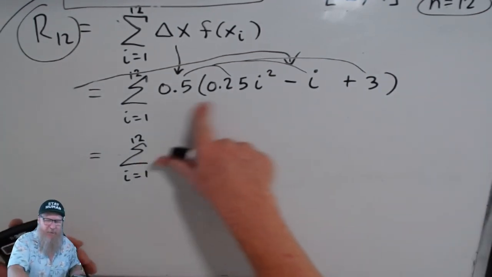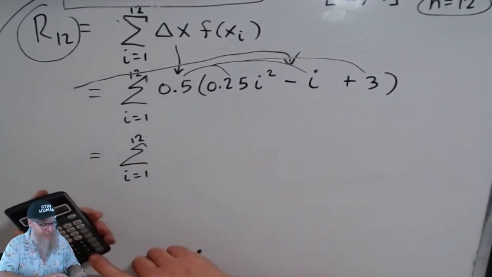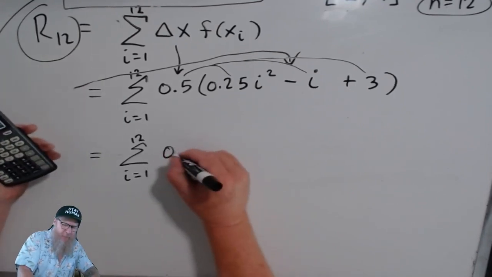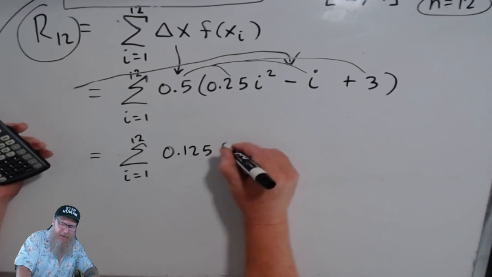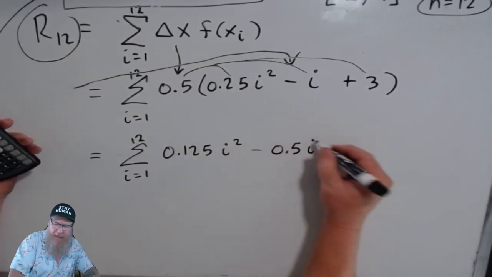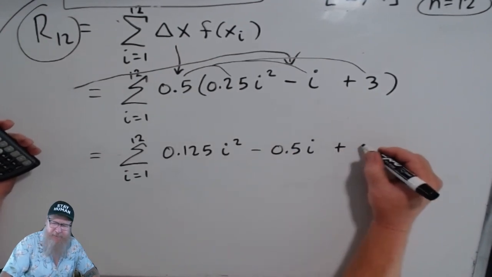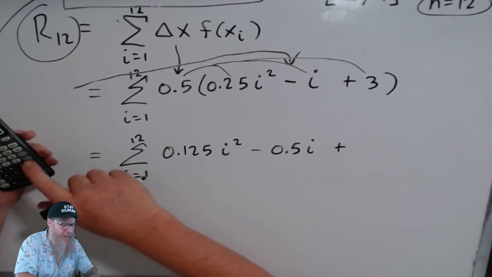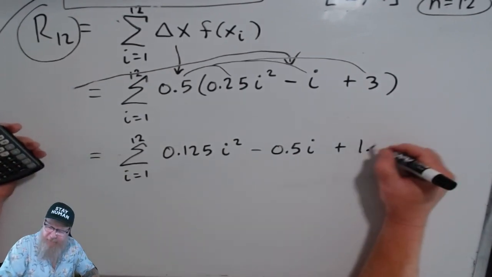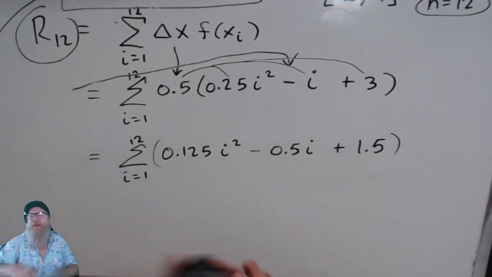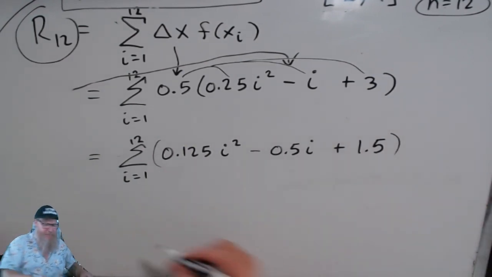All right. So I've got 0.5 times 0.25. So that's 0.125 i squared minus 0.5 i plus 0.5 times 3. It's 1.5. The parentheses are not really required at this point.